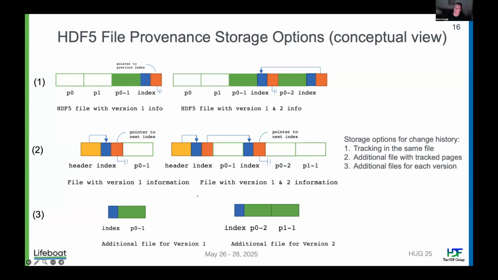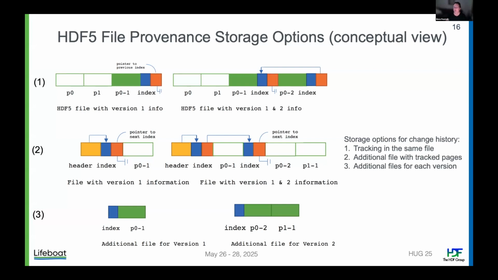So the question for the audience and for HDF5 users: what kind of performance issues are you having if you're using it, and what do you want to see in terms of performance? It's not only I/O speed, but also storage requirements, because right now modified pages are stored as they are.